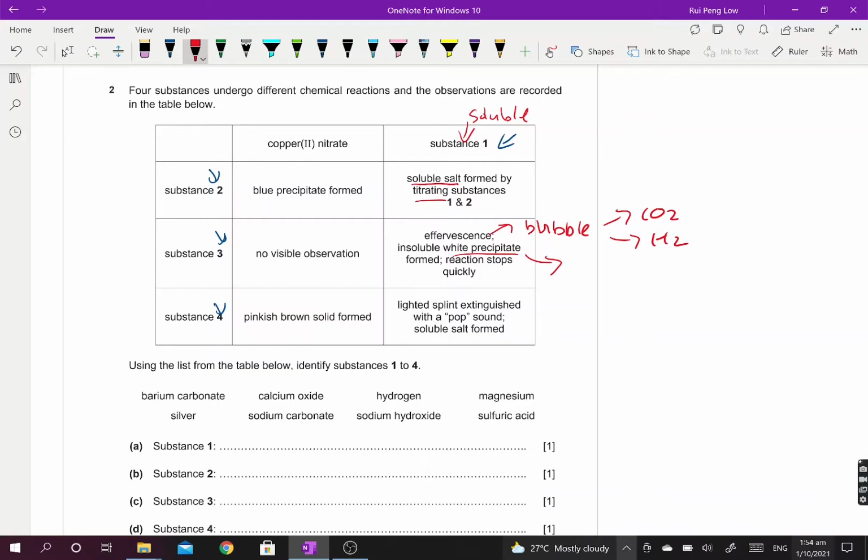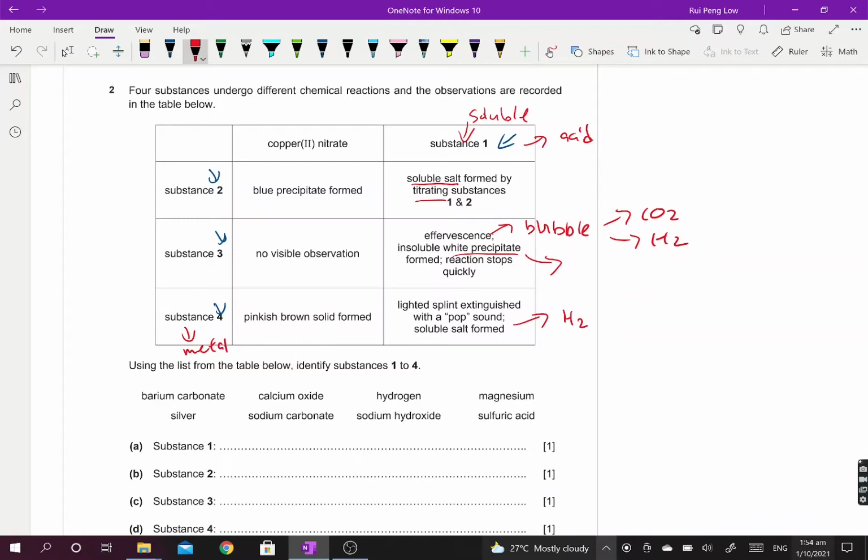Lighted splint extinguished with a pop sound when substance 1 reacts with substance 4. So the very obvious, this is hydrogen, and the only time you learn that when two substances react together gives you hydrogen is when this is an acid. So this is an acid, and this is probably a metal.